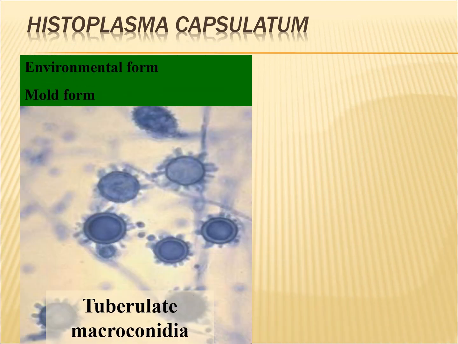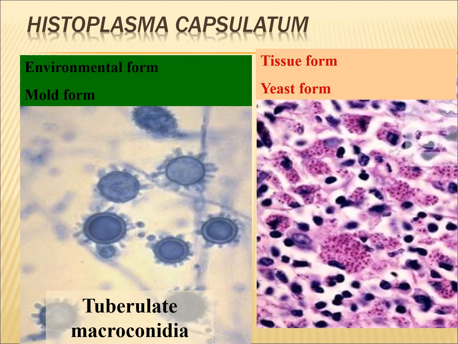This figure shows tuberculate macroconidia, the mold form of Histoplasma capsulatum, with its distinctive finger-like projections.